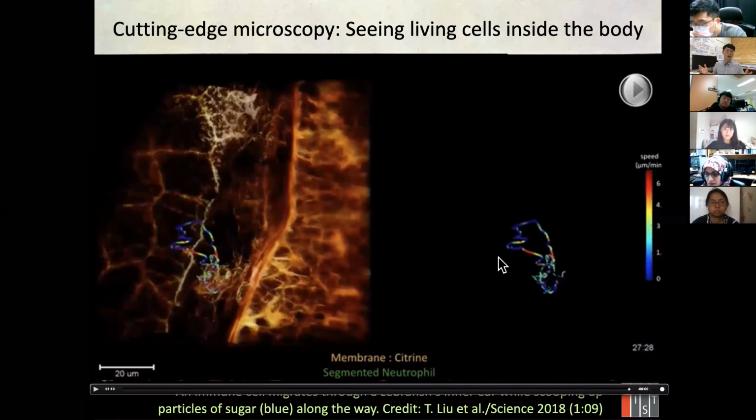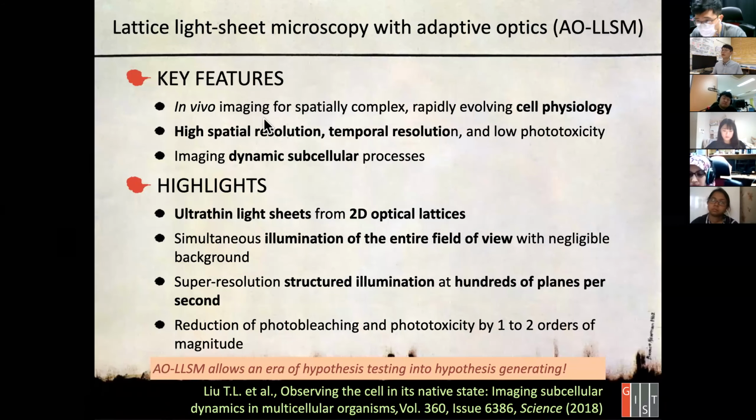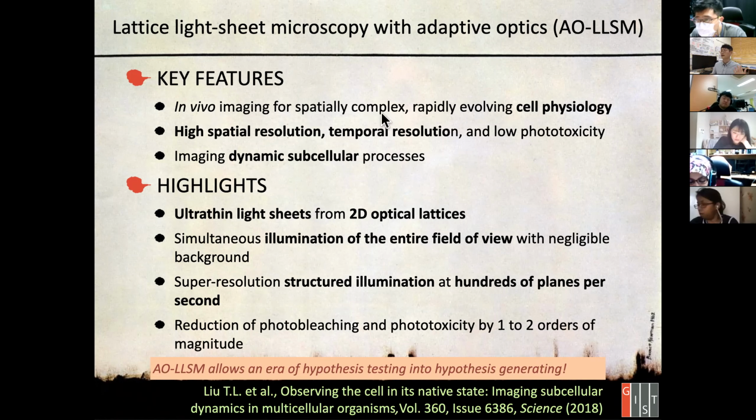So this is where we are at. Although this technology is still not yet commercialized, it will just take a few years. If we have money, we can get this, or we can develop imaging technologies like this. All right, so what is this good for? We are talking about in vivo and complex, rapidly evolving cell physiology.